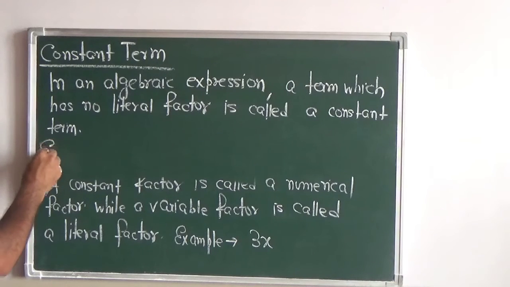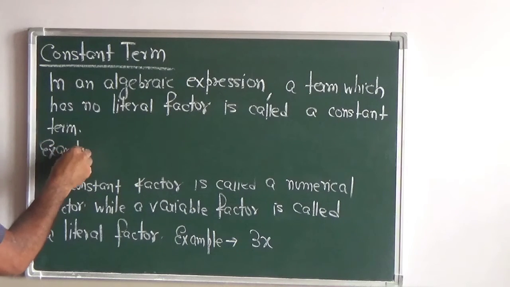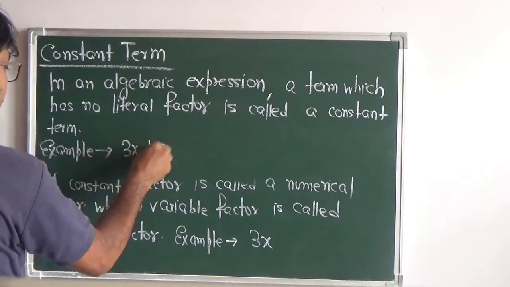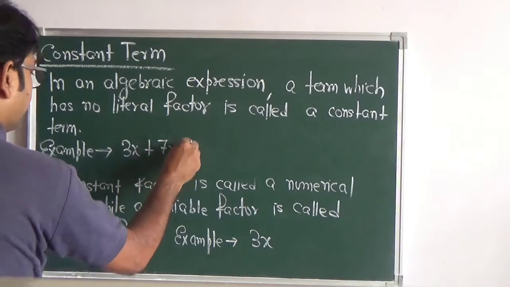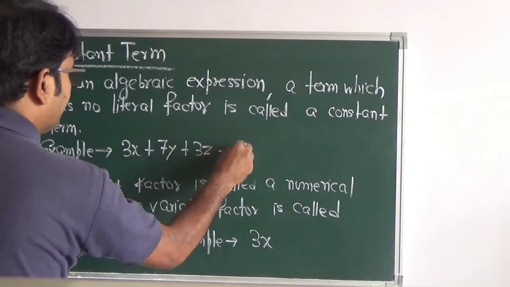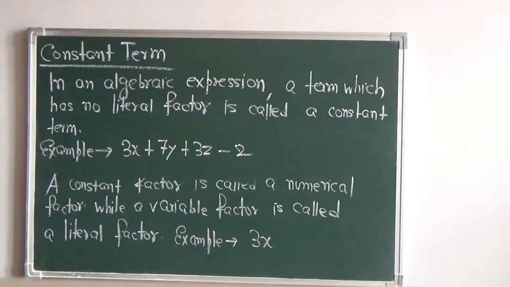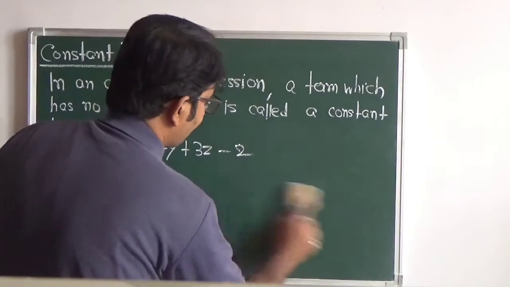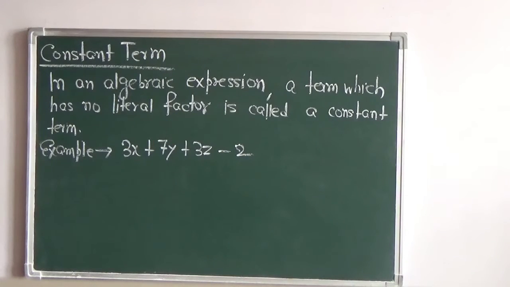Let us take the example 3x plus 7y plus 3z minus 2. So this is the example we have taken. Here you have to find the constant term. So the expression we have taken here is 3x plus 7y plus 3z minus 2.